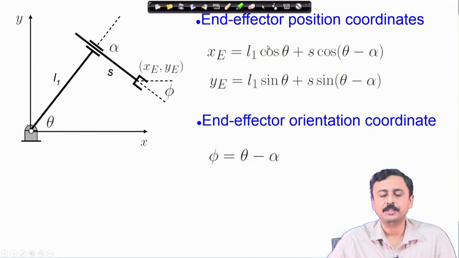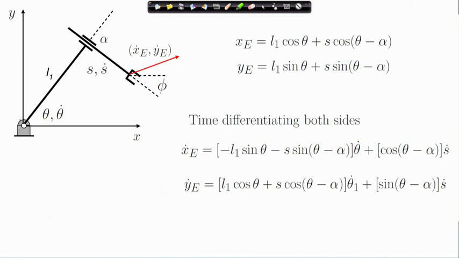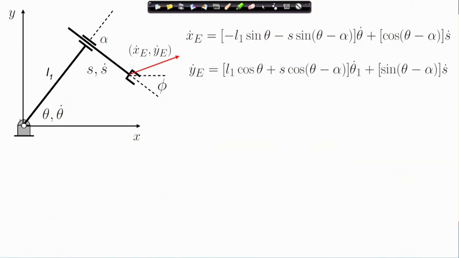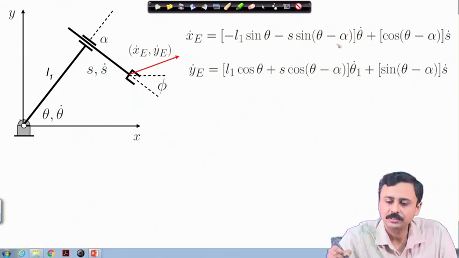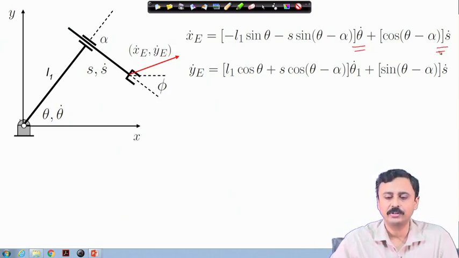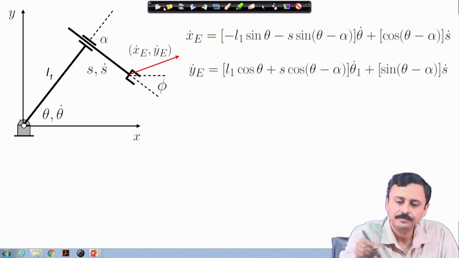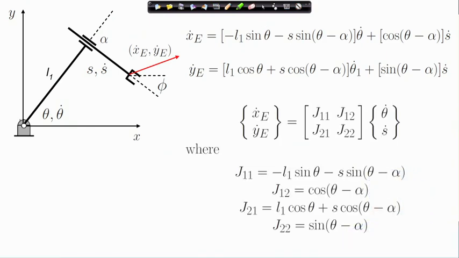If you differentiate these expressions with respect to time, you are going to get the velocity relations with the joint rates. Here I have differentiated these expressions. This involves the joint angle rate and the expansion rate of the prismatic actuator, and this can again be assembled in terms of this Jacobian matrix whose elements can be read out from the above expressions.